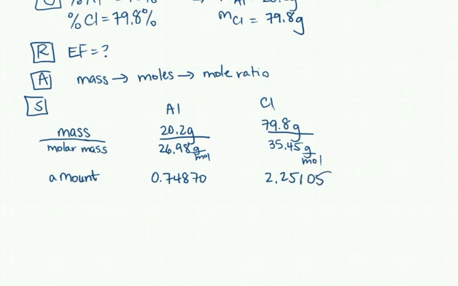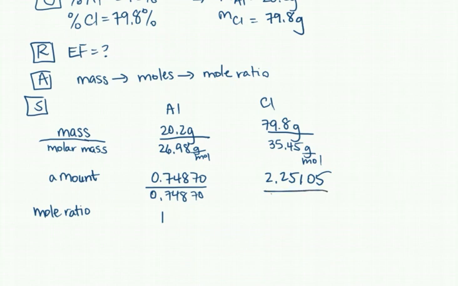Now that we have amount, we want to go to the mole ratio. I'm going to take the smaller value of the amounts here, aluminum, and divide everybody by aluminum's amount. The reason we do that is if I divide that by itself, I'll have 1. So if I have 1 aluminum, how many chlorines do I have?